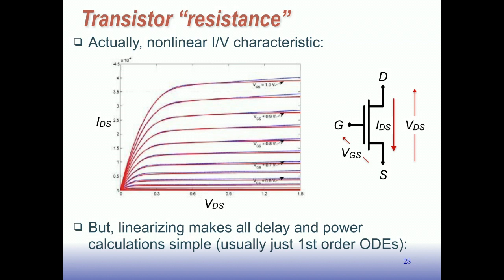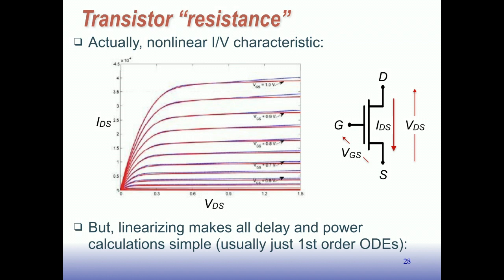So just something to keep in mind later when we're looking at the timing characteristics of circuits: we're going to assume that they behave like a resistor with the appropriate value of resistance to approximate this curve, the top curve usually.